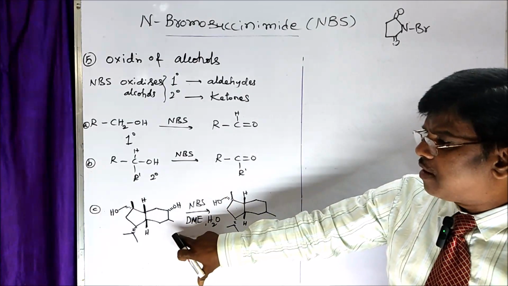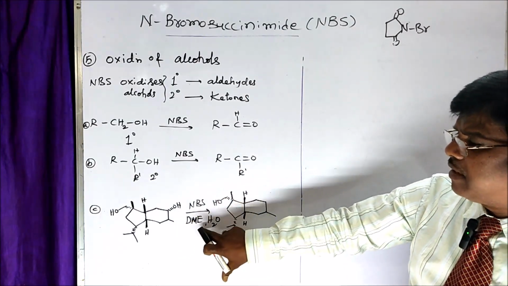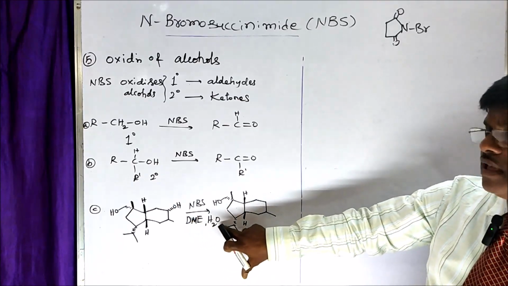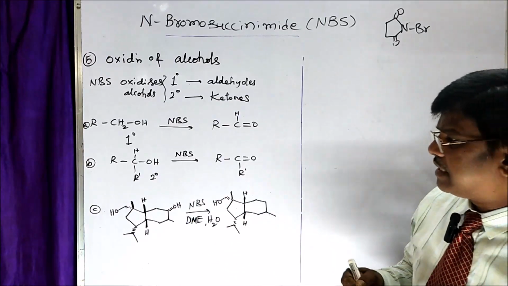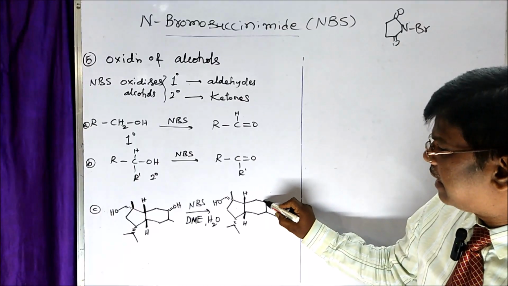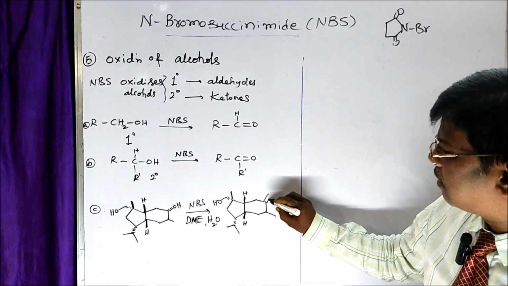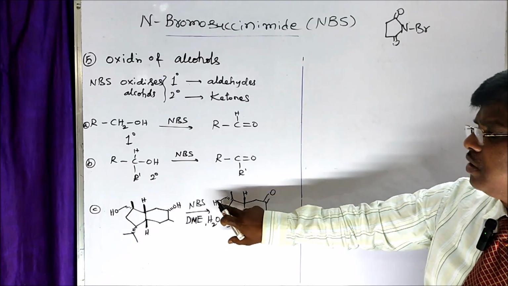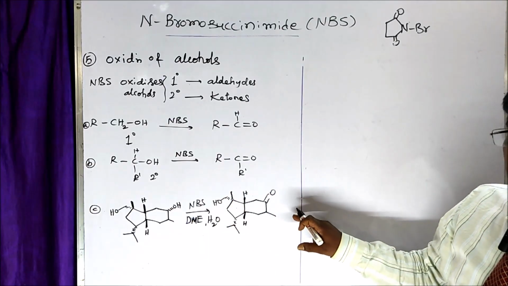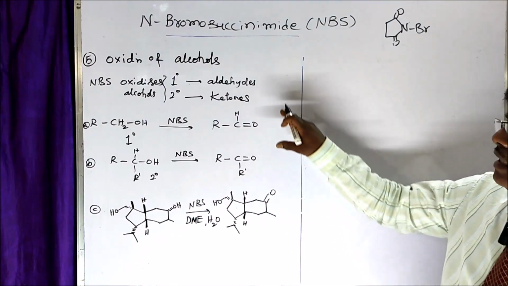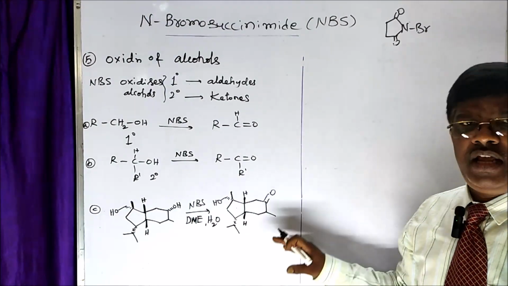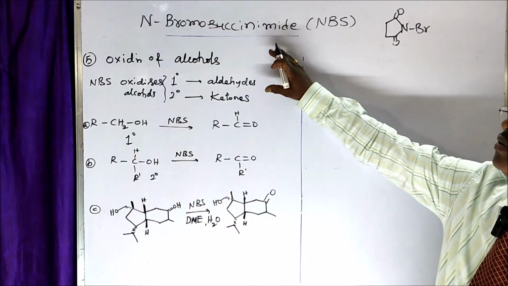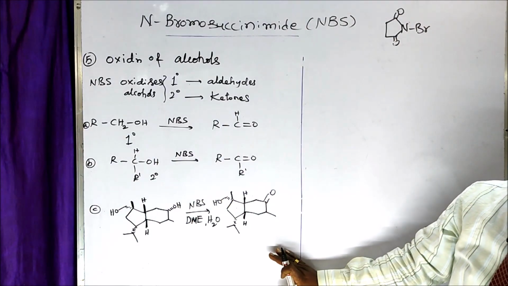In this example, the use of N-Bromosuccinimide in dimethoxyethane in the presence of water is going to oxidize selectively this secondary alcohol only. This secondary alcohol only is getting oxidized. This primary alcohol is not going to form an aldehyde. So this is a very important and specific example. These reactions were done by E.J. Corey. This is how it is used for the oxidation of alcohols also.